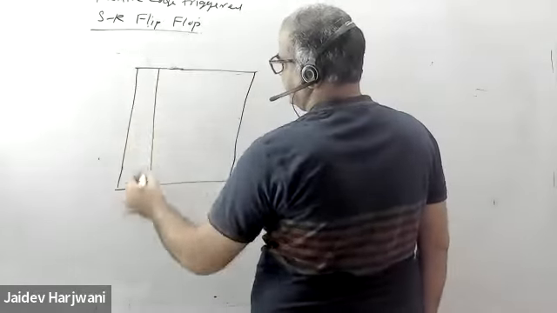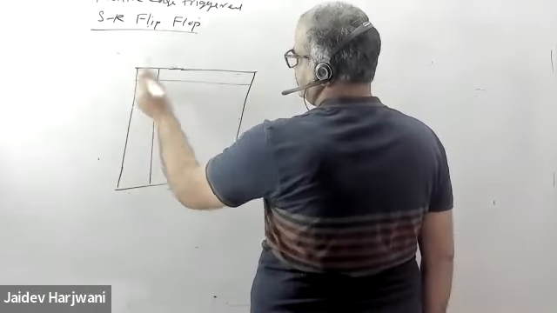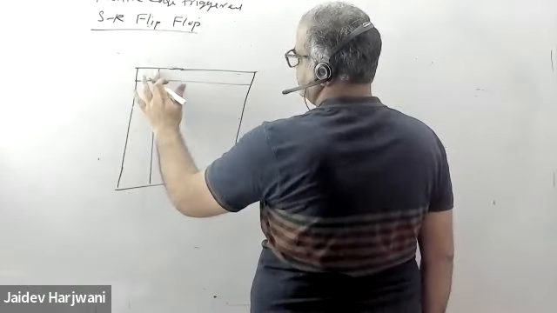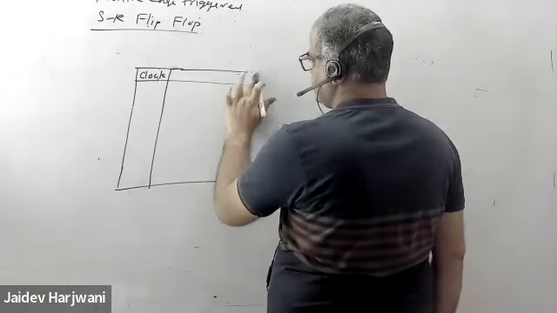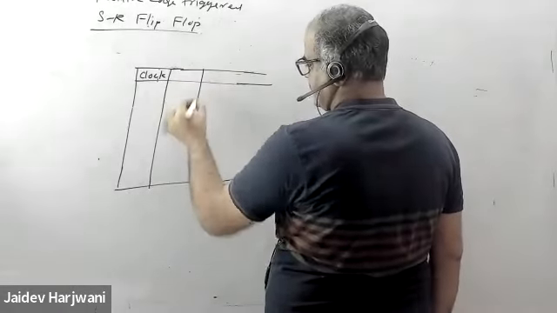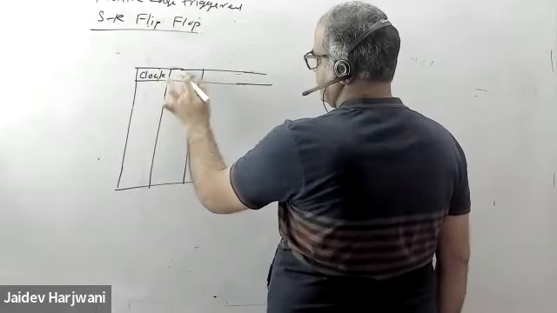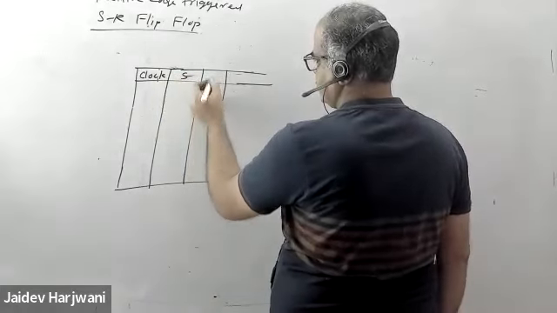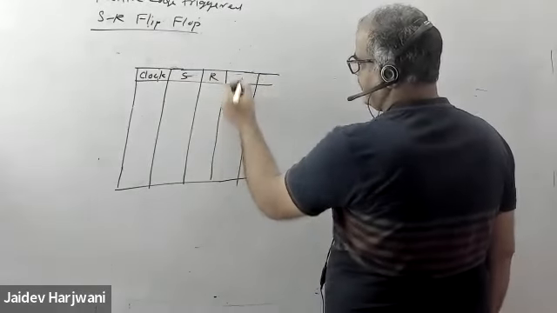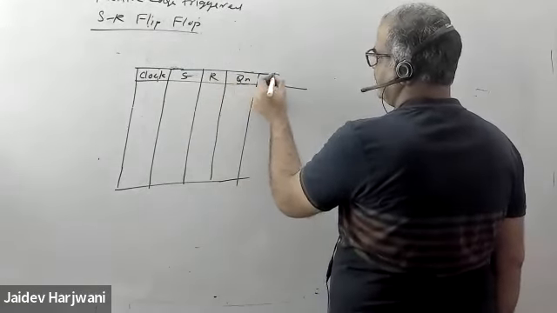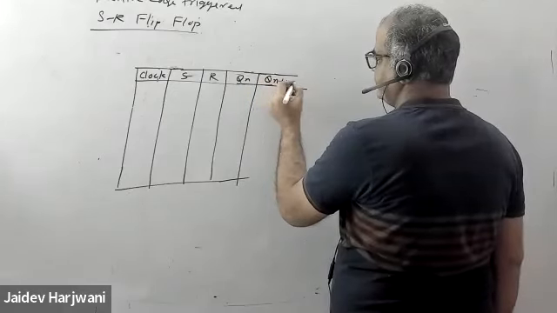So you have a clock, then you have variables S, you have R, and after that you have Qn, and then you have Qn plus 1.